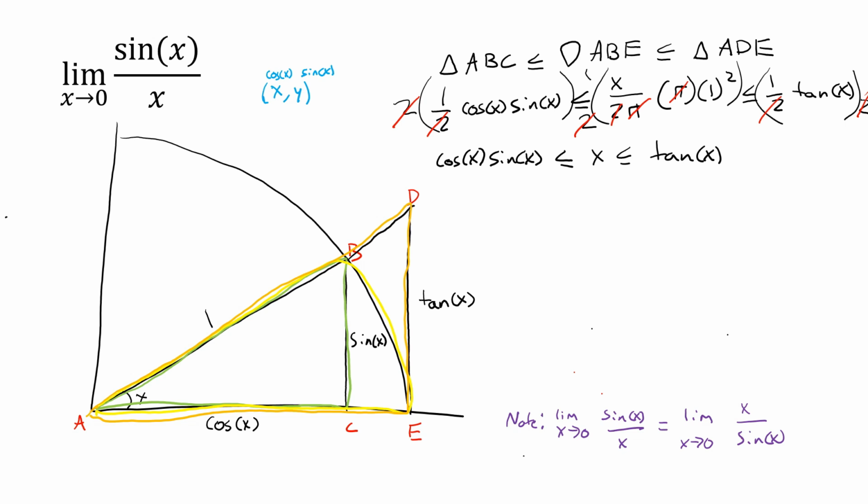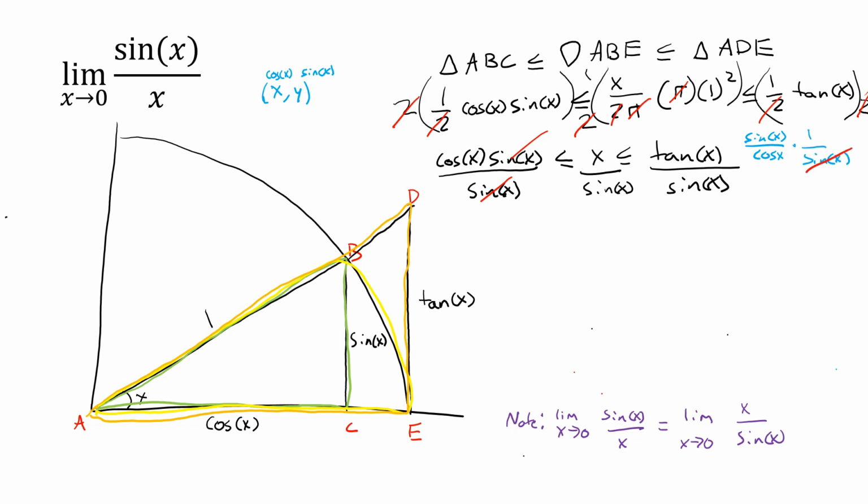I'm just going to do this a little differently. I'm going to divide all parts of our compound inequality here by sine of x, so then we can get it in terms of x over sine of x. We know the tangent of x is just sine of x over cosine of x, and then that times 1 over sine of x, because we divided by sine of x.